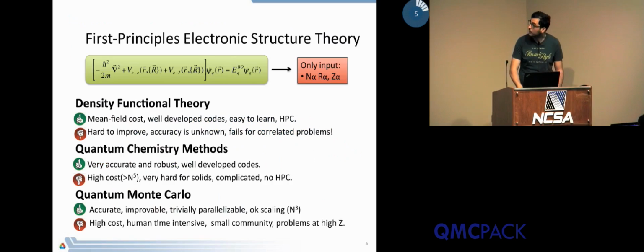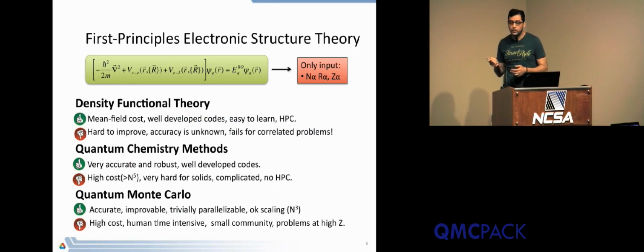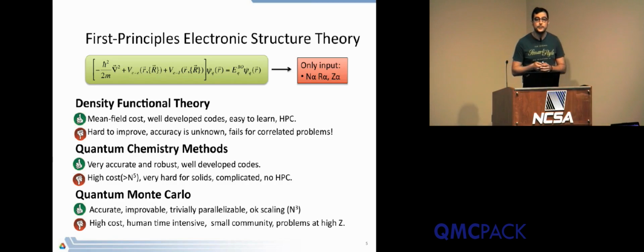And since every method has its pros and cons, one of the key things to do is always to improve the quality of the wave function you are using. That's always a win. If you can get a good wave function, your QMC value is going to be good. If you have the real wave function, you will have an error bar of 0 because you will be exactly on the right wave function.